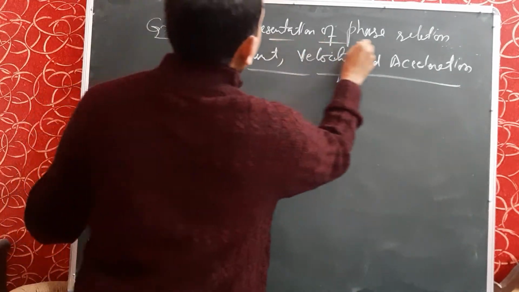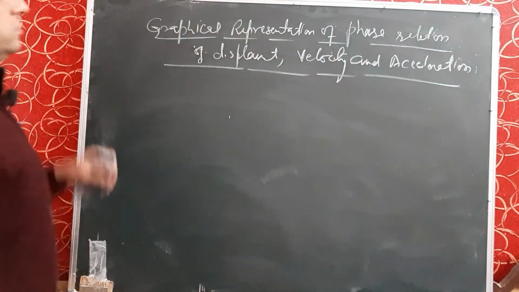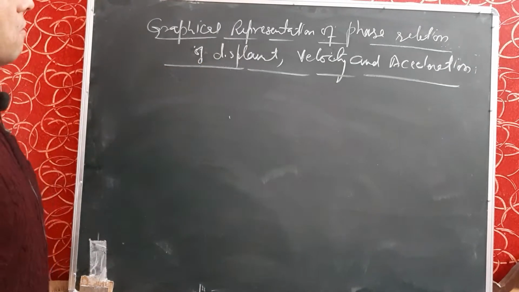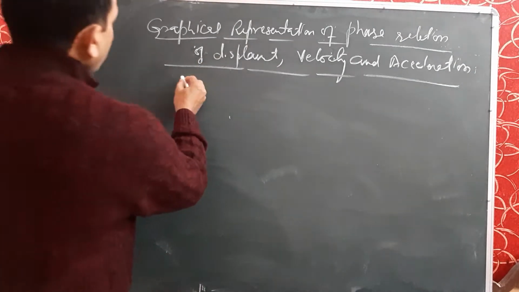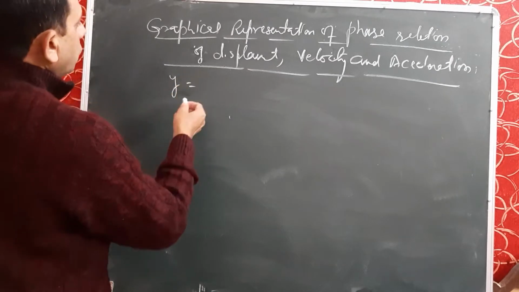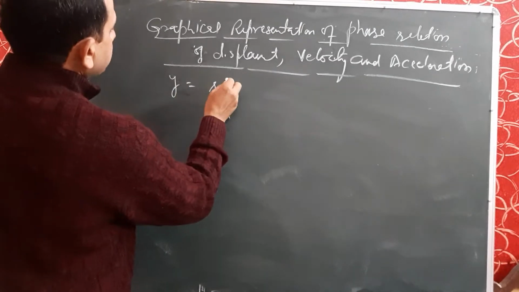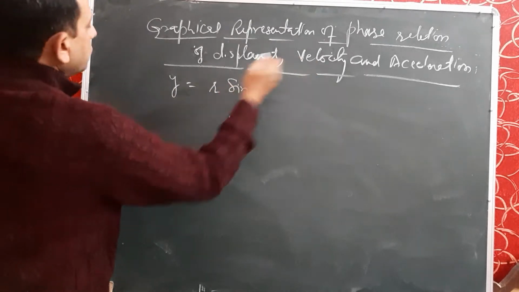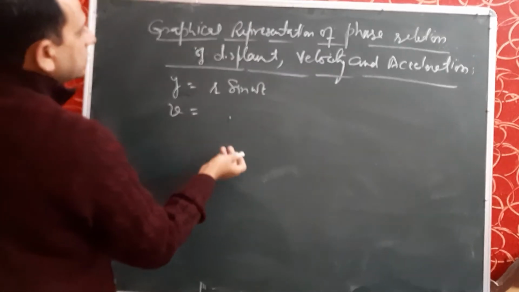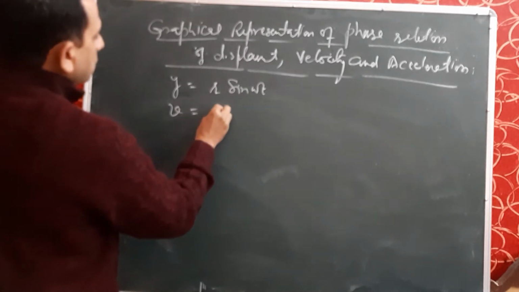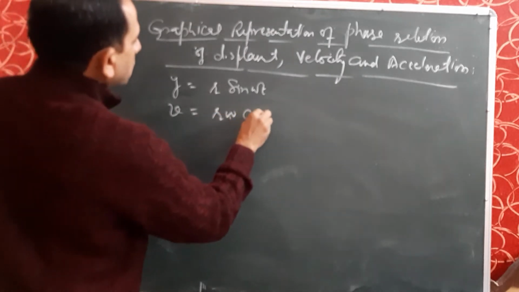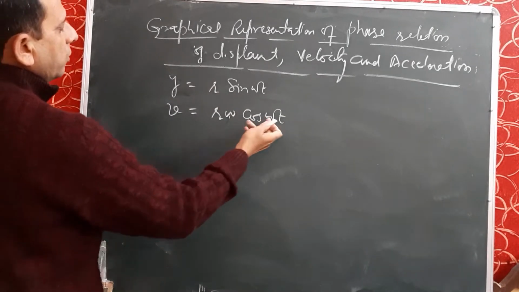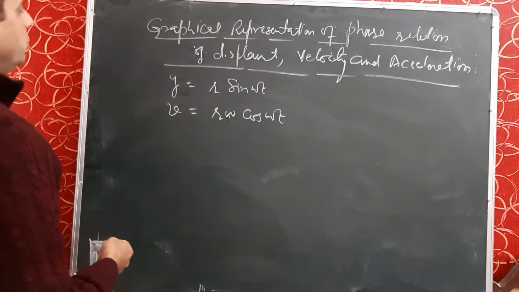So, we will draw the graph for displacement, that is y. Y is r sine omega t, and then velocity. Velocity is the derivative of this y. So, it is r omega cos omega t, because the derivative of sine omega t is cos omega t into omega.